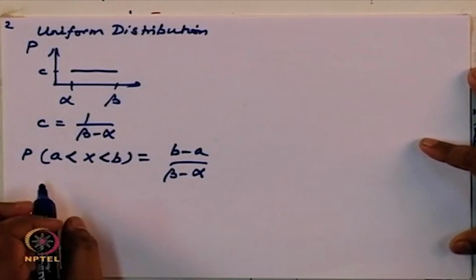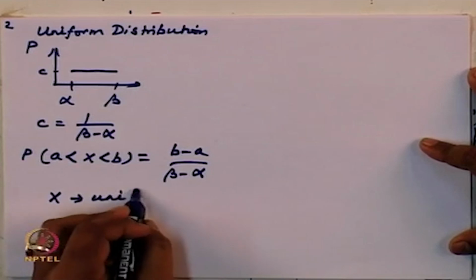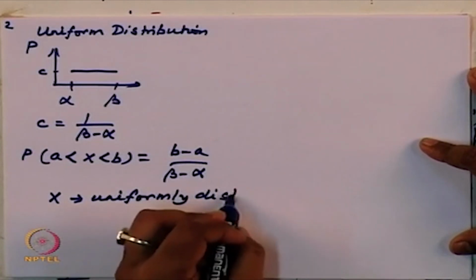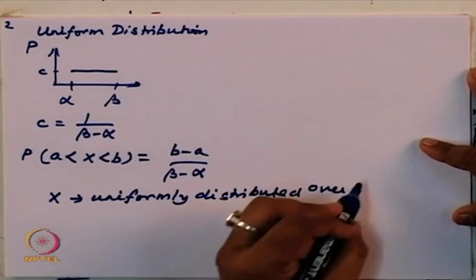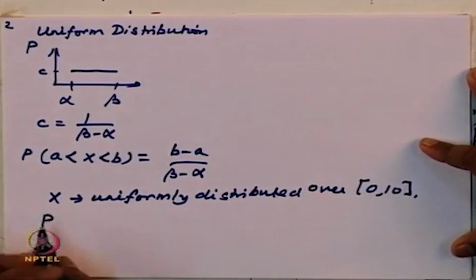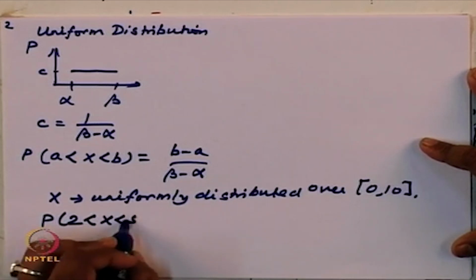Let us discuss a few very simple cases. Imagine you have a random variable x which is uniformly distributed over 0 to 10. Say you want to calculate the probability of 2 less than x less than 5.